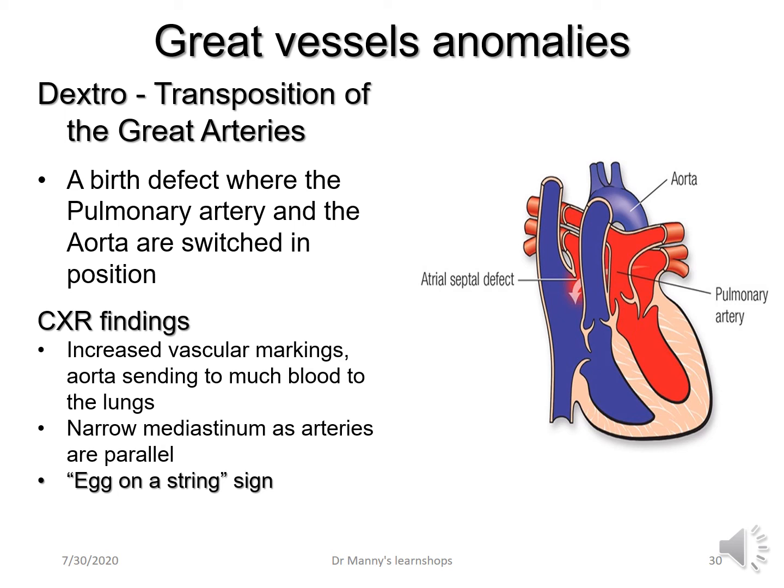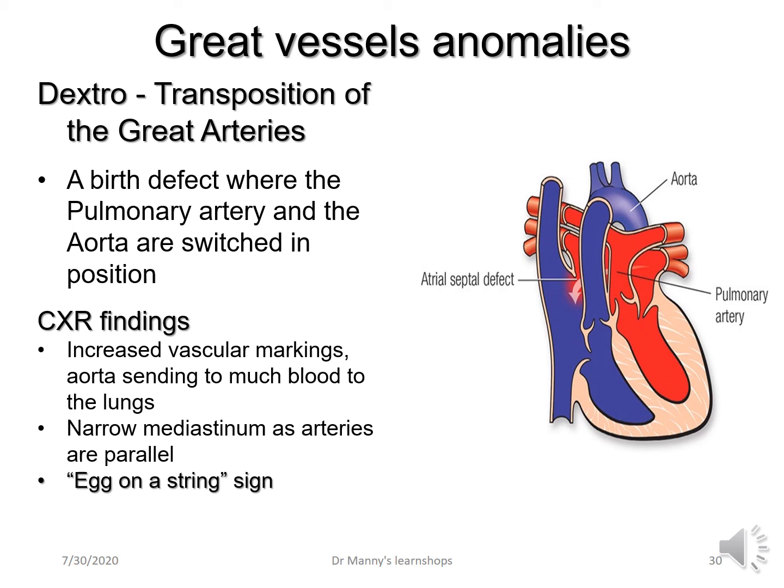They're in the wrong place. The aorta is connected to the right ventricle and the pulmonary artery is connected to the left ventricle. That's a problem, because that means deoxygenated blood goes to the right ventricle and is pushed out into the systemic circulation. So the body actually doesn't get any oxygenated blood.